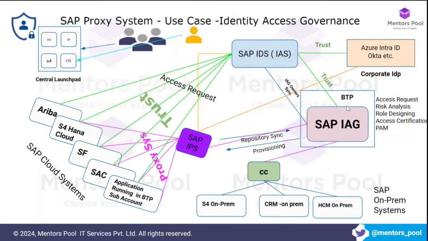Now all the data it has, it will use to do risk analysis, to create and provision access. For role designing, it will use the data. For access certification, it will use the data. For privileged access management, it will use the data. Right? So whatever work it completes, accordingly it will provision back in the target systems.